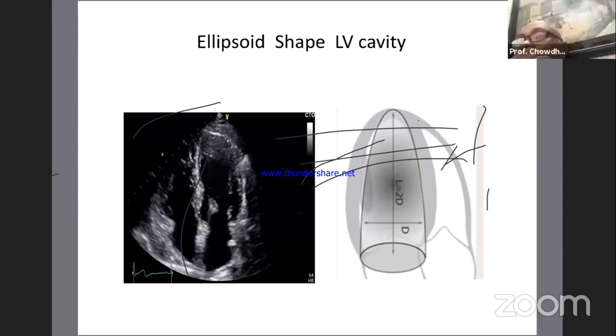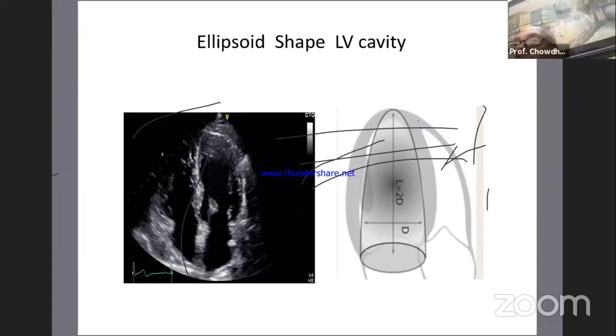If you see historically, the studies which have shown the benefit of the drugs which increase the ejection fraction, the V-HeFT trial and the other trials, all these trials have used this method, and they have stood the test of time in saying that these drugs are useful based only on the elliptical method of assessment.